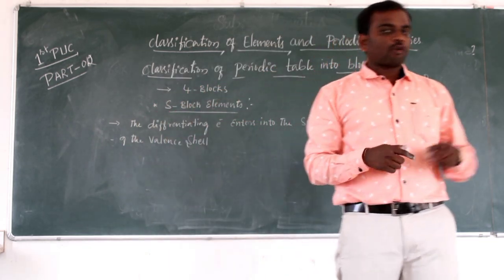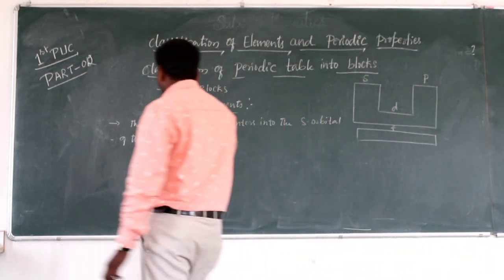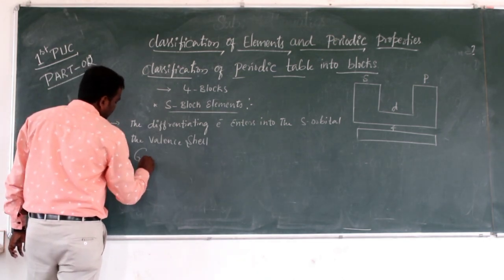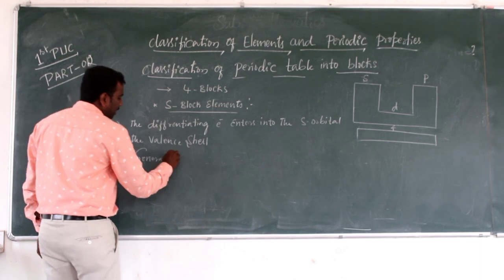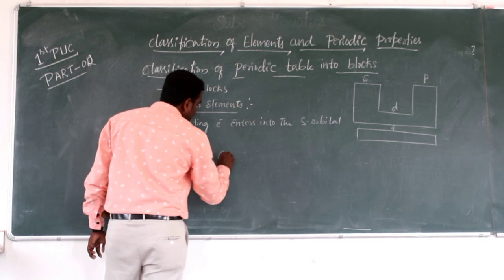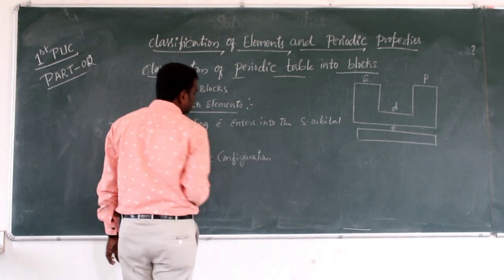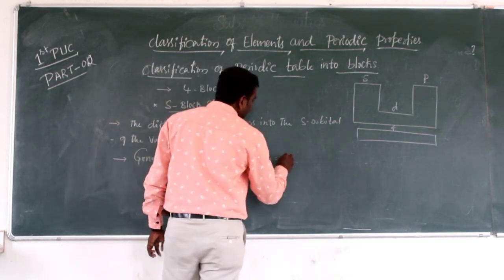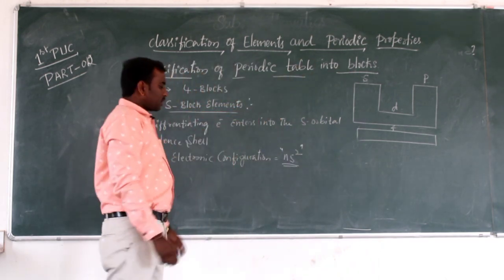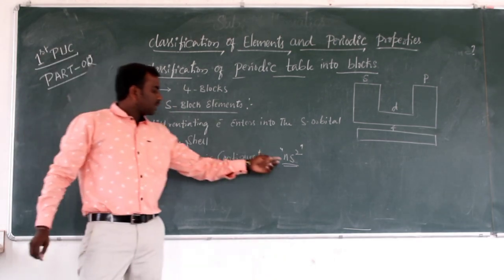See, the general outermost electronic configuration of S-group elements is ns2. So the general electronic configuration of S-group elements is ns2.